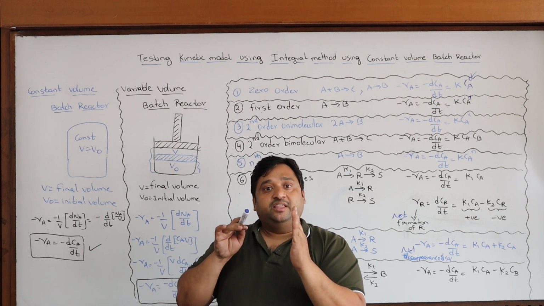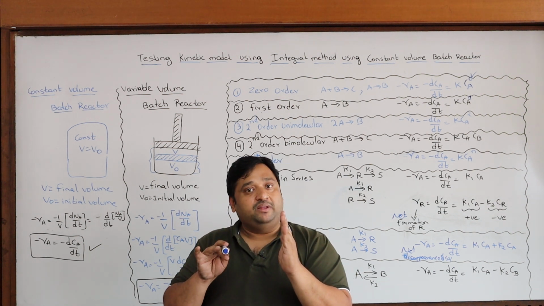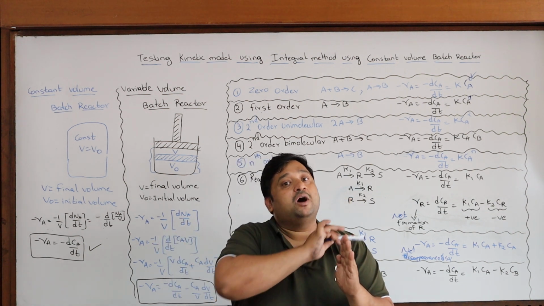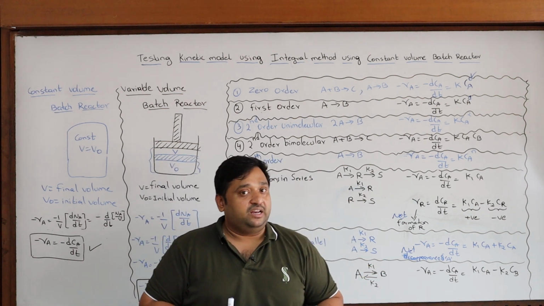That means there will be some amount of B and some amount of A. So A cannot go to 100%. Those kinds of reactions are called reversible reactions.